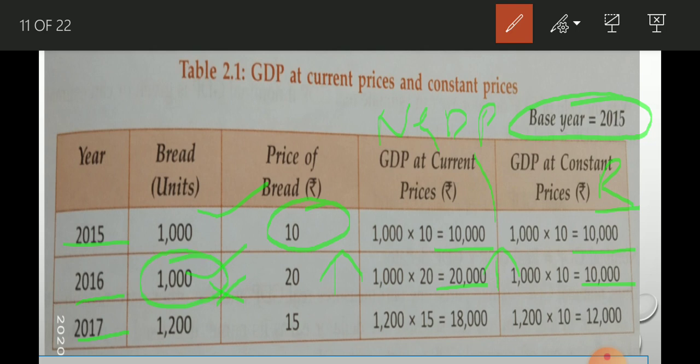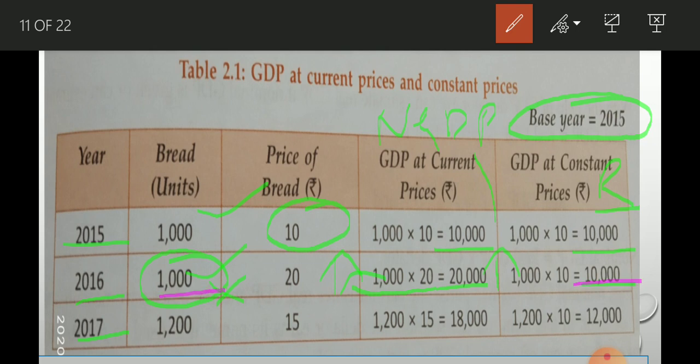Nominal GDP went from 10,000 to 20,000 because the price doubled, 10 to 20. But real GDP is still 10,000 because there is no increase in production of bread.